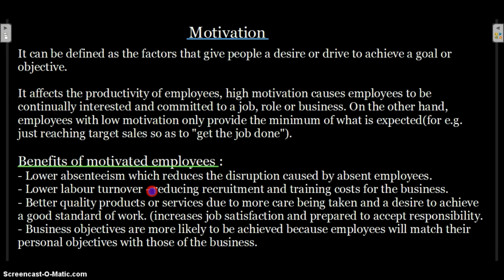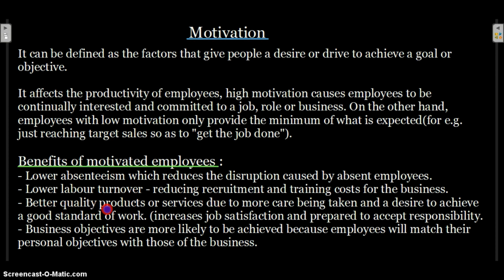That has negative effects on the business, because you will have to hire other staff members, and there will be recruitment and selection costs, and you'll have to train the new employee as well, so there will be training costs. But if there's lower labor turnover, that means your employees are being retained and all that cost is saved.